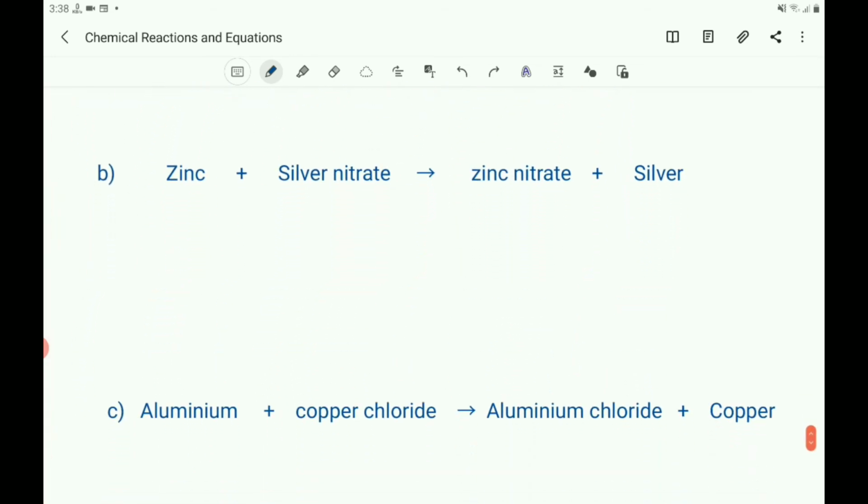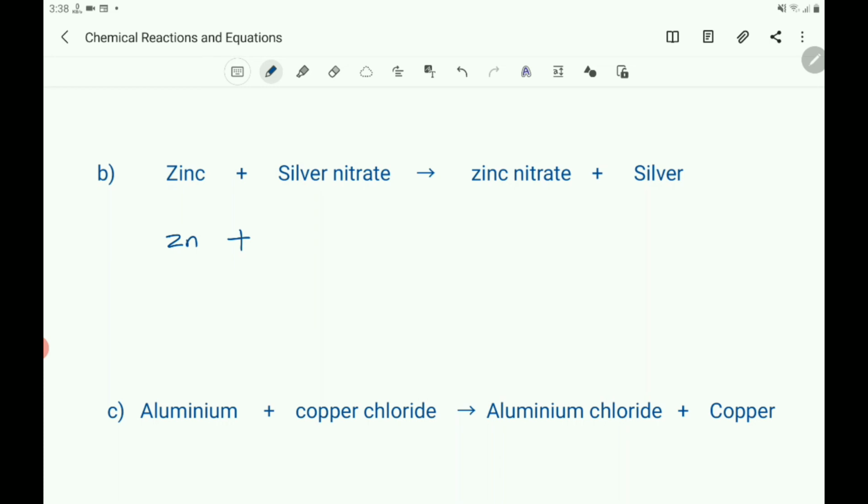Next you write zinc plus silver nitrate gives zinc nitrate plus silver. And what is the symbol of zinc? Zinc is an element. It is a metal and element. Its symbol is Zn. Zn, zinc, reacts with silver nitrate. Silver nitrate is a compound.